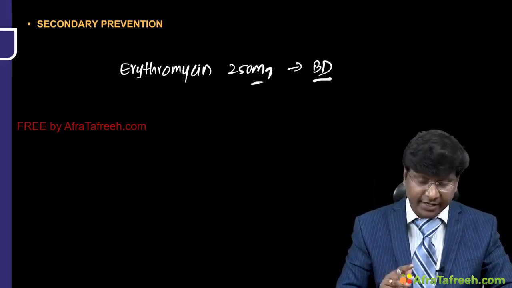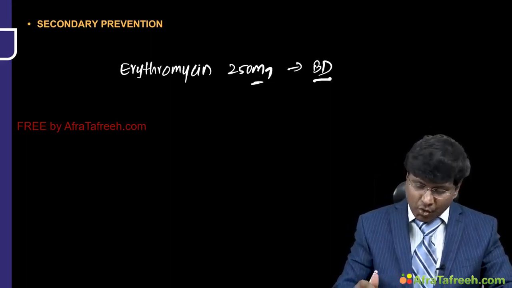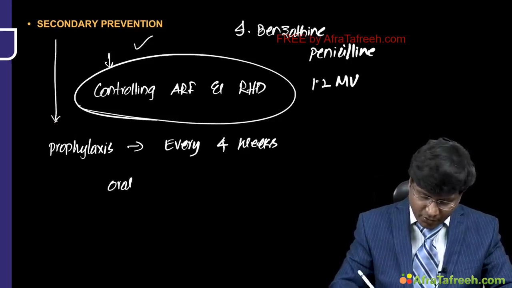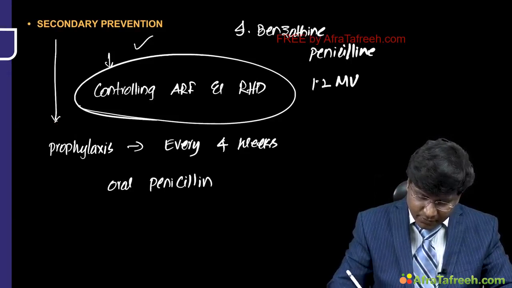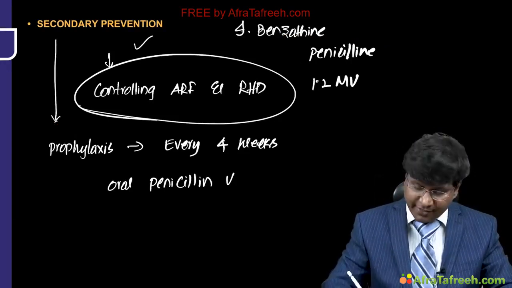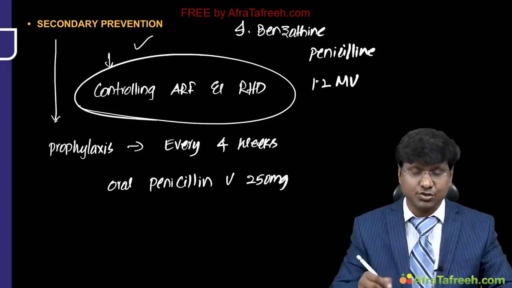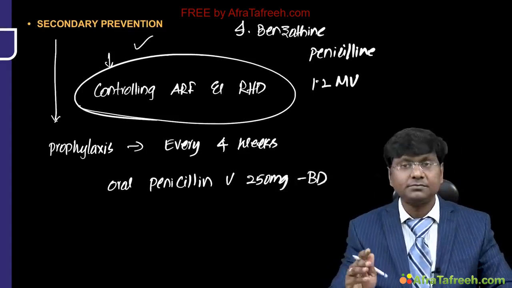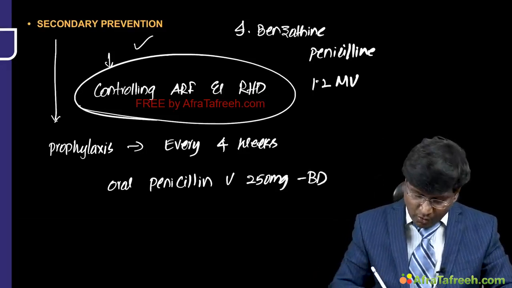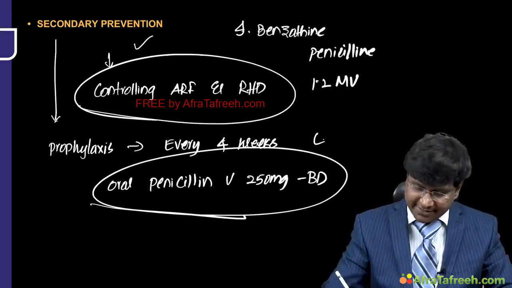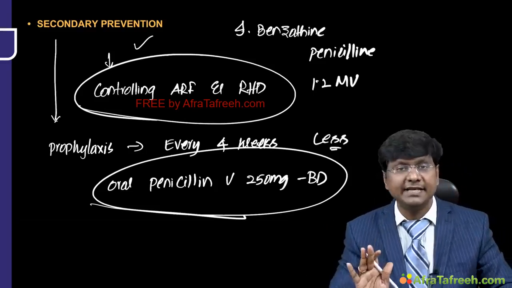And those individuals who don't want the injections, you can give oral penicillin V, at a dosage of 250 milligrams, twice daily. But this oral penicillin V is slightly less effective compared to benzathine penicillin.